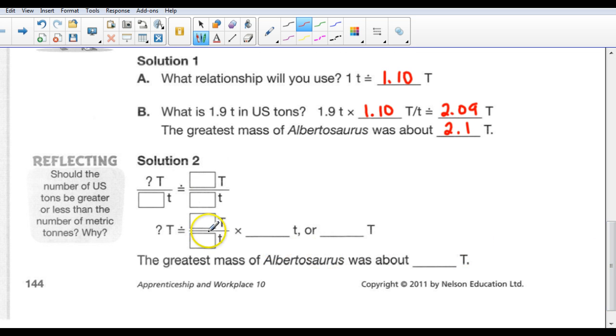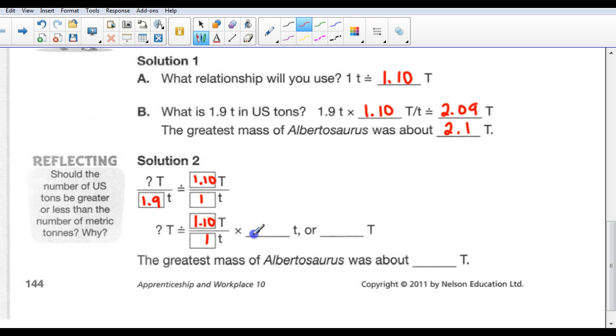Solution number 2, well, there's always 2 ways to do it. We know that we want to have an answer in American tons, which is capital T. Okay, and we know we're starting out with 1.9 metric tons. So the conversion ratio is it takes 1.10 US tons for 1 metric ton. Okay, so the conversion ratio is 1.10 to 1 again.